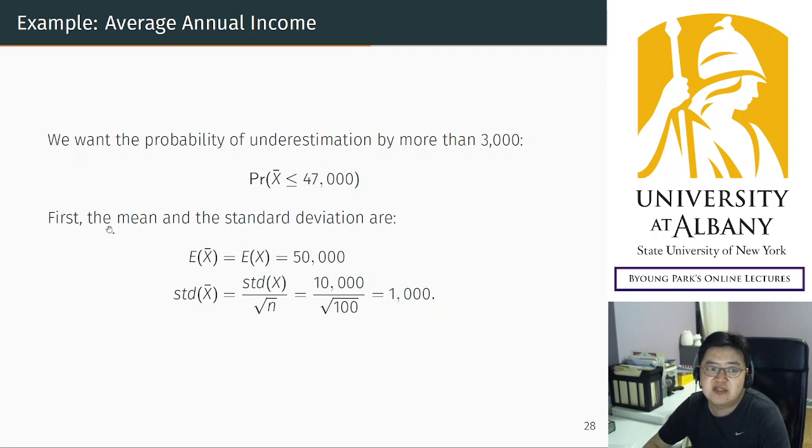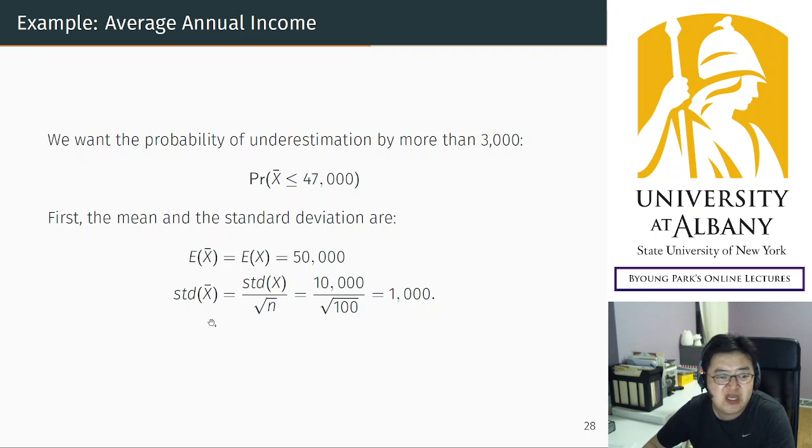How can we do that? First, we can calculate the mean and the standard deviation of the sampling distribution. The expectation of the average equals the expectation of a single outcome, like the income from one person, which is known to be $50,000. And the standard deviation of the survey average equals the standard deviation of a single person's outcome divided by the square root of the sample size, right?